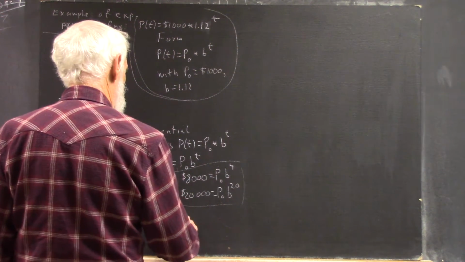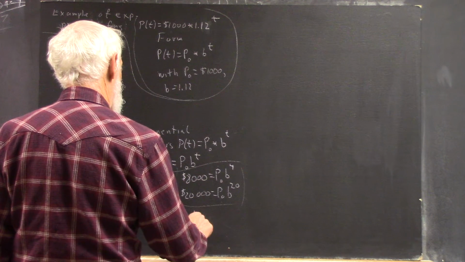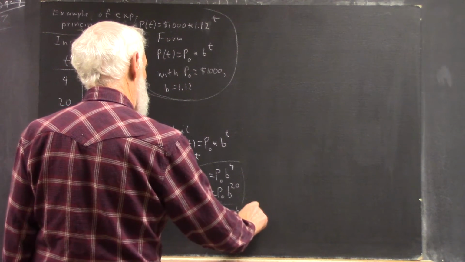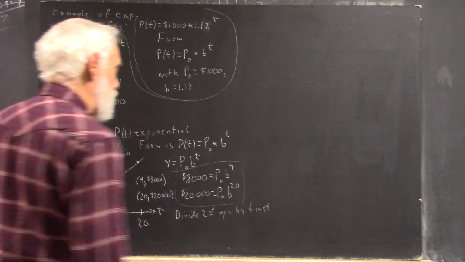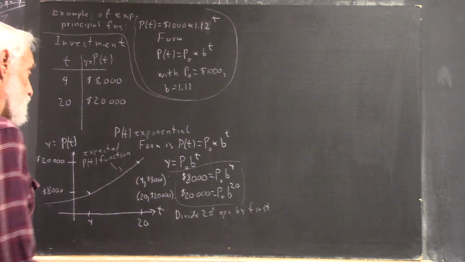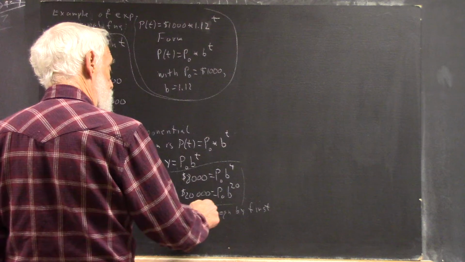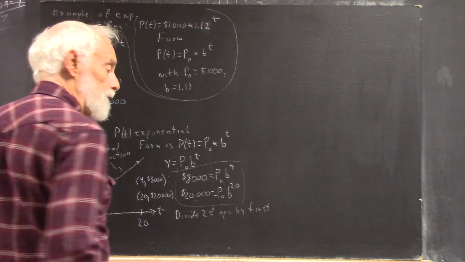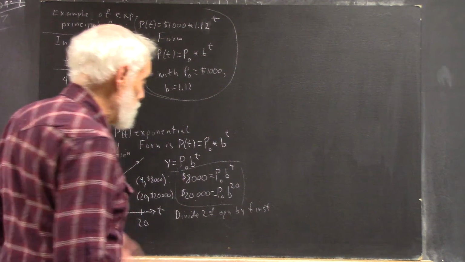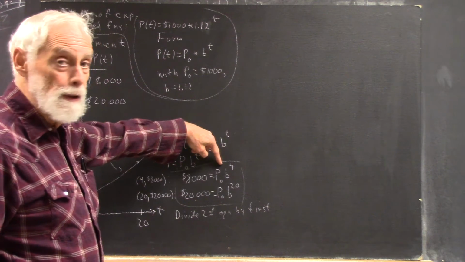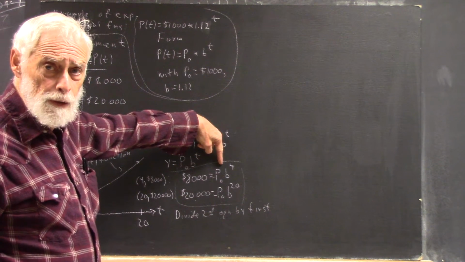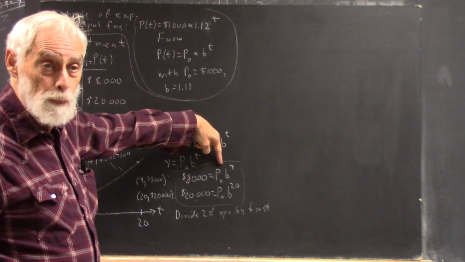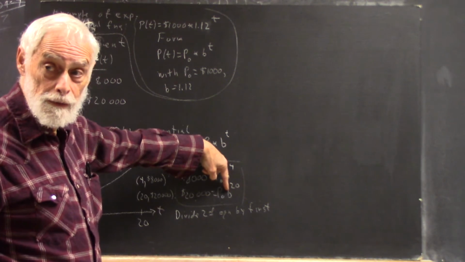My preferred way of solving this would be to divide the second equation by the first, meaning divide the left-hand side of the second equation by the left-hand side of the first, and the right-hand side, same thing, right? And what's going to happen when you divide P naught b to the 20th by P naught b to the 4th? What's going to happen to P naught? It's going to divide out. It won't be there anymore, and you'll have an equation in b that you can easily solve.